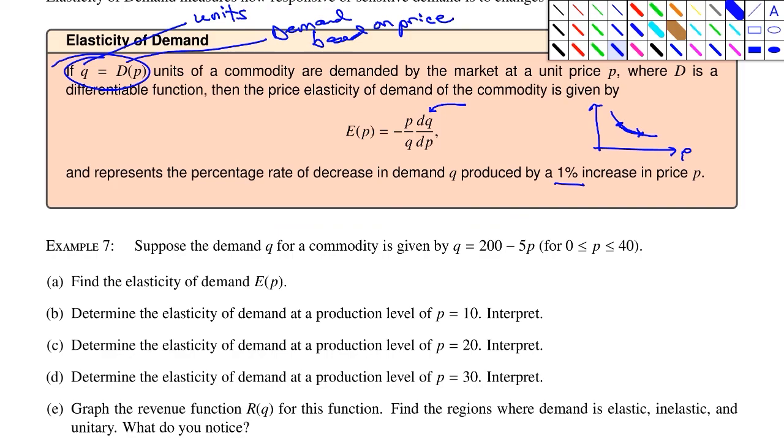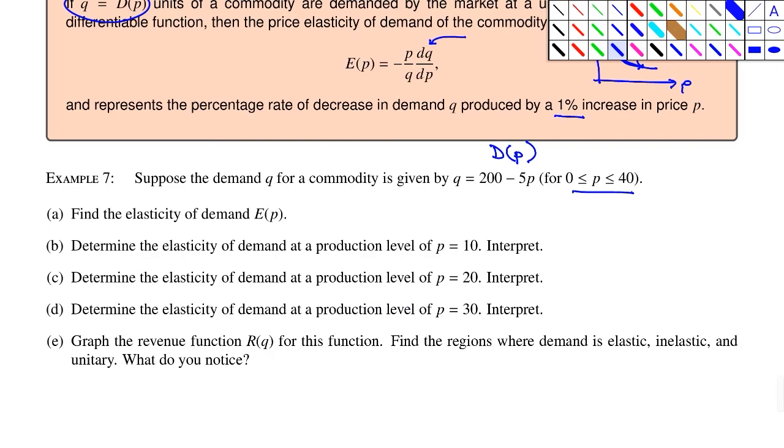Example 7. Suppose the demand Q for a commodity is given by Q is equal to 200 minus 5P. So this function right here is the D of P demand function. This has a limited domain from 0 to 40. And the question is, A, find the elasticity of demand.